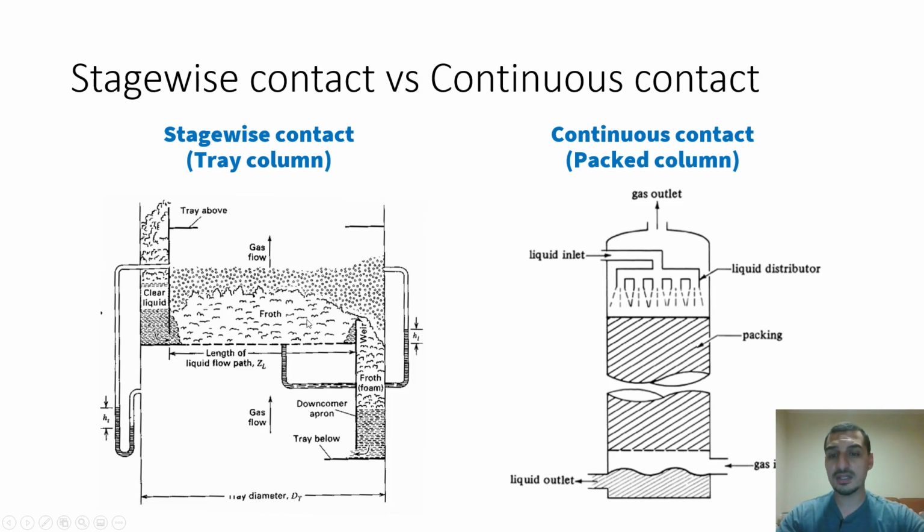Stage-wise contact is what we did before, where we have stages, and for each stage we have a contact between gas and liquid, and this contact results in a foam, which offers a very large area of mass transfer, and that is where the mass transfer takes place. Then the gas goes to the next tray above, and the liquid goes to the tray below.